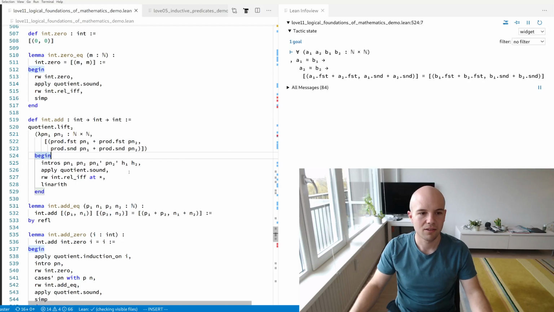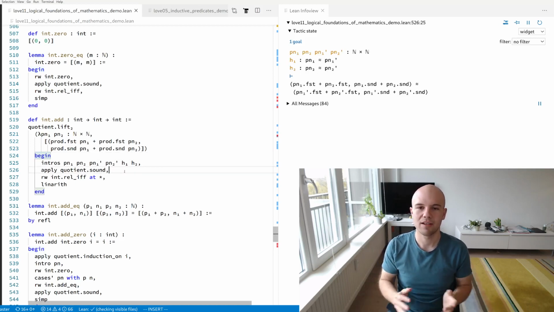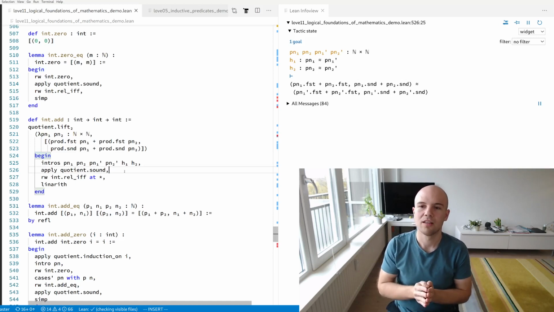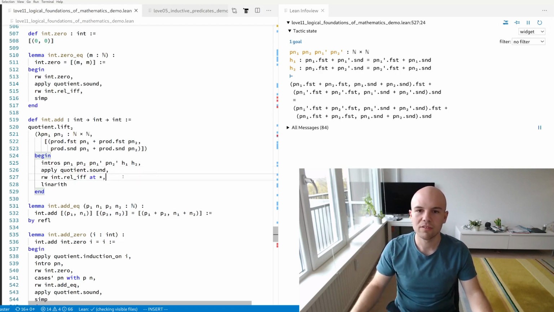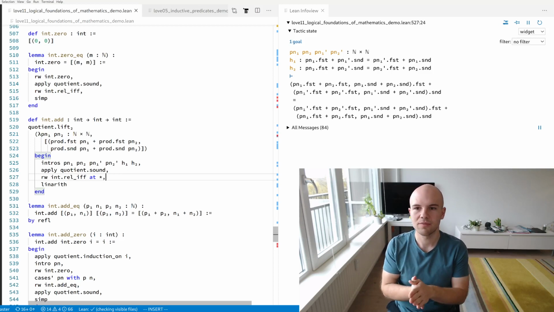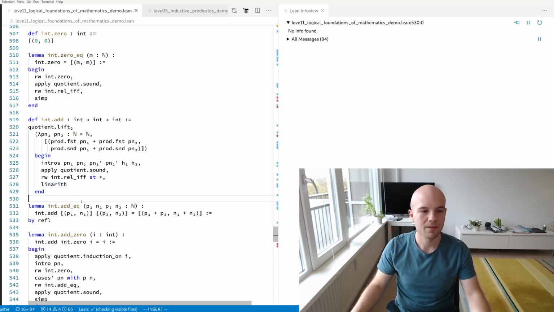And in order to prove that two equivalence classes are equal, we again apply the quotient.sound lemma. And now we need to show that the resulting pair is equivalent. We unfold the definition for the equivalence relation on the integers, and then we just call linarith, because this should be true, and it is also true.